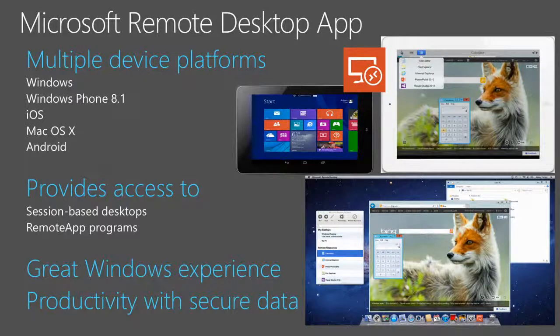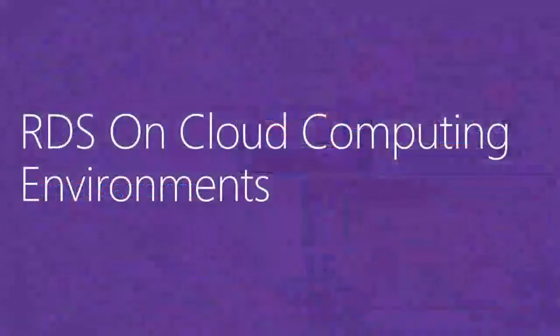And then we deliver a great Windows experience, and we keep the data secure, right? Because the data is still living up in the cloud. All we're doing is remoting the GUI, basically, and the keystrokes back. So it's a very secure way for users to be mobile and access corporate data, and it never actually comes down onto the device, so there's no worry about losing that device.